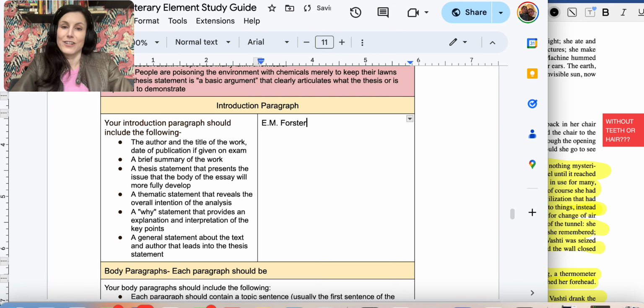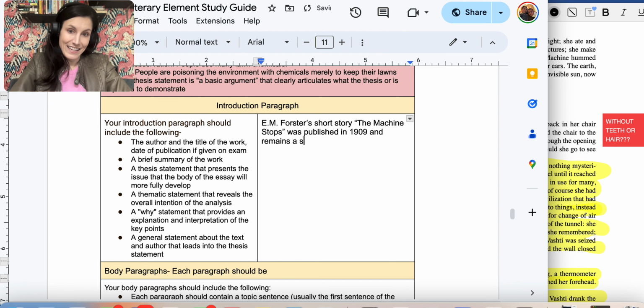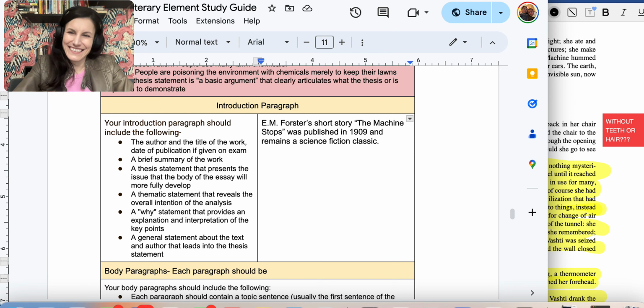E.M. Forster's short story, The Machine Stops, was published in 1909 and remains a science fiction classic. Bam, hook, line, and sinker. Okay. I got ahead of myself. Then we want to introduce our story: setting, characters, protagonists, all that conflict.